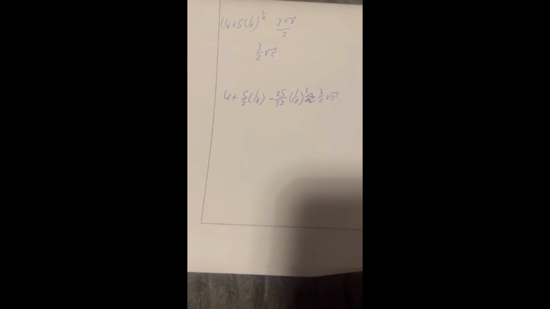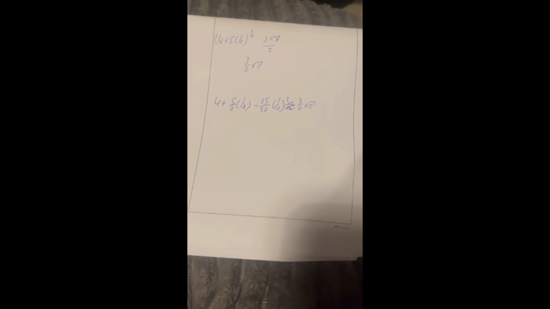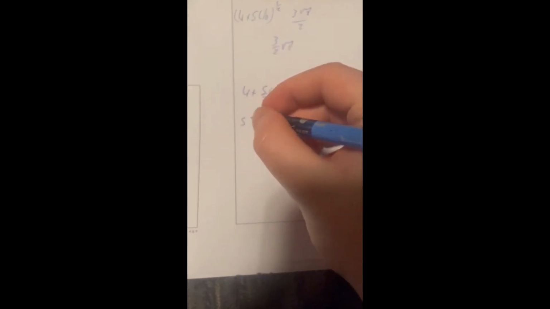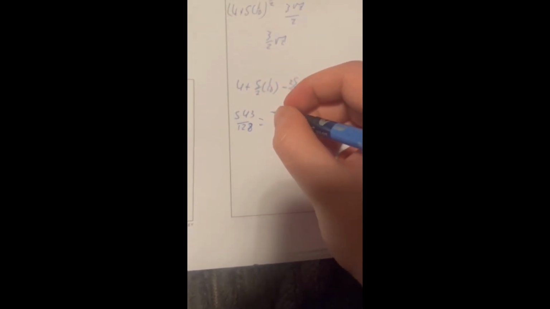So solving that, it's 4 plus 5 over 2 times 1 over 10, plus, oh no, take away even. You get 543 over 128 equals 3 over 2 root 2.